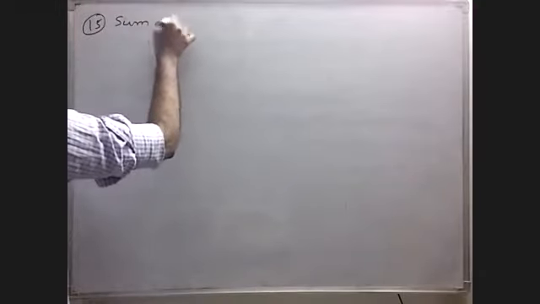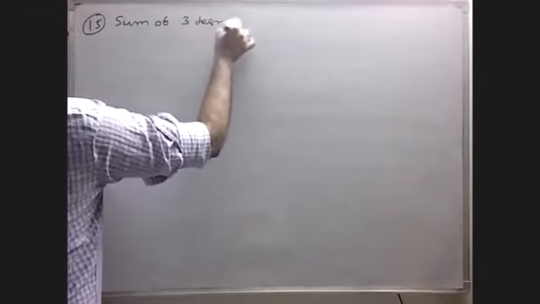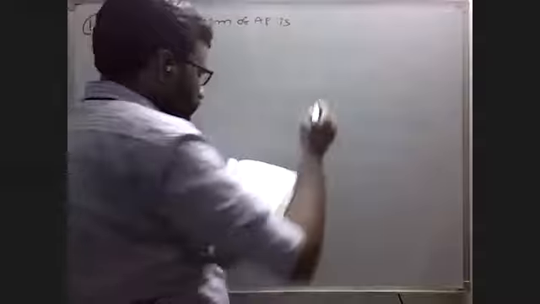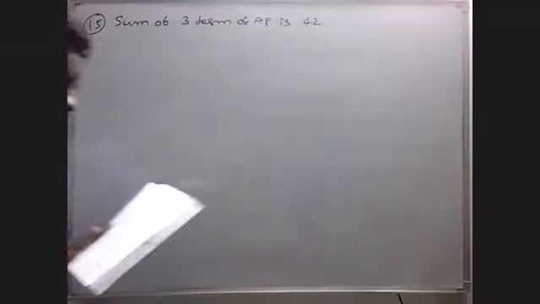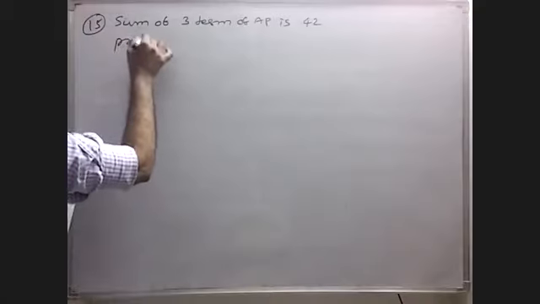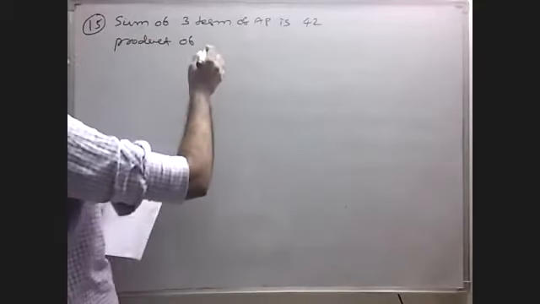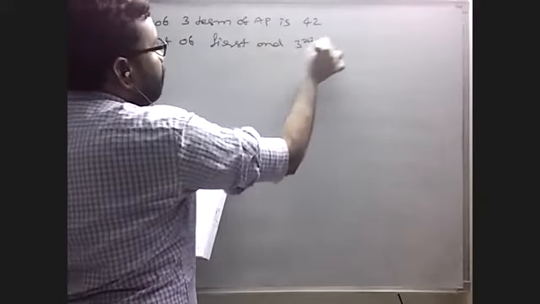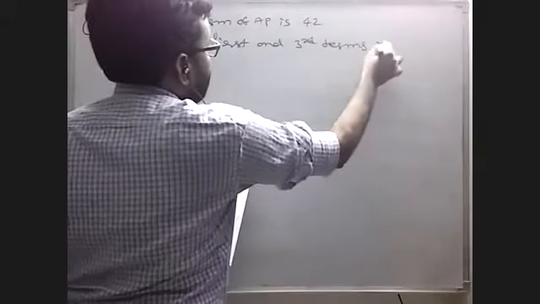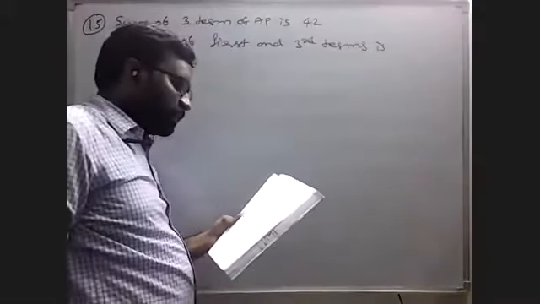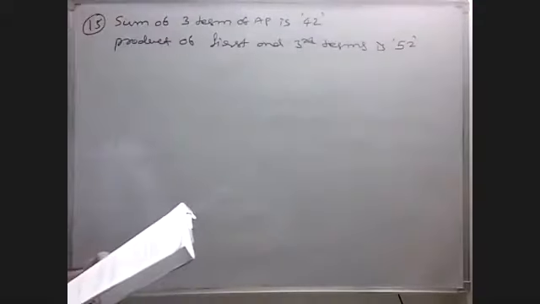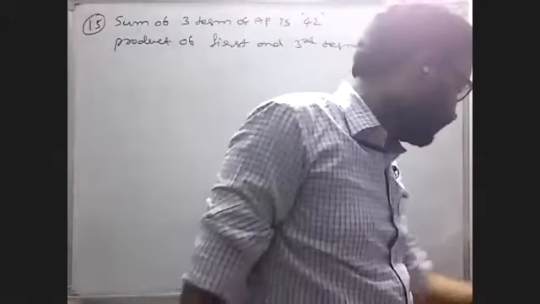The product of the first and third terms is 52. Then find the first term and the common difference.